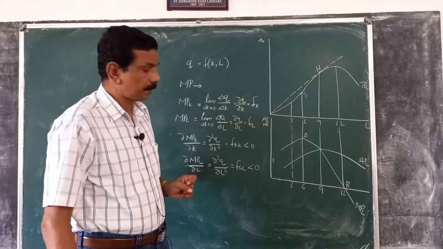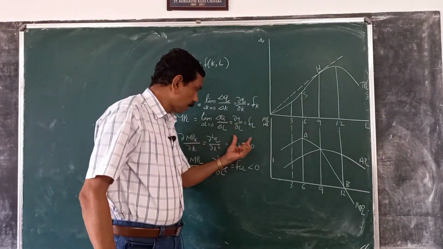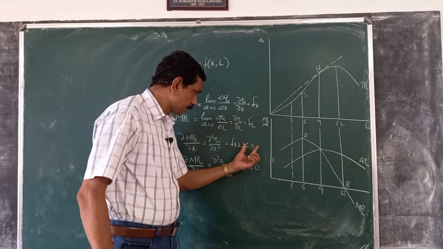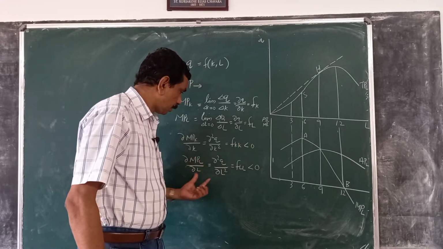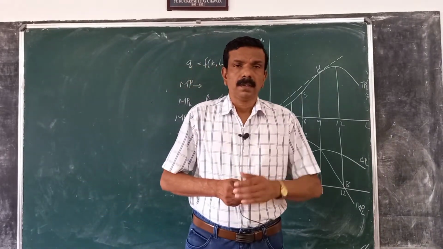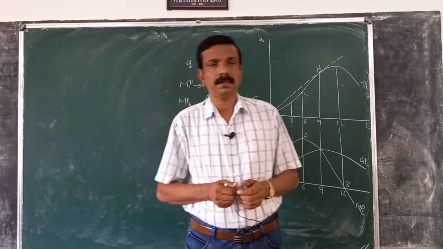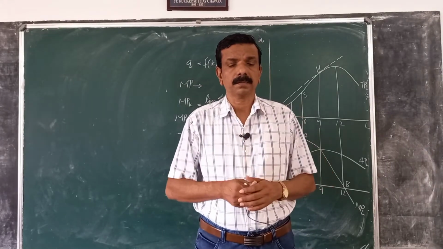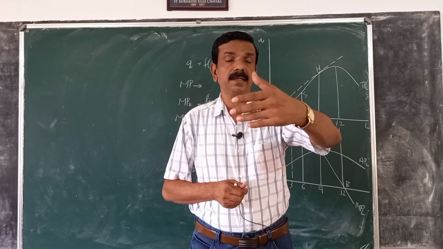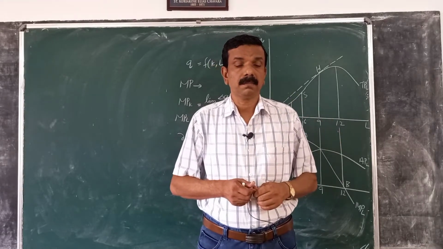So mathematically, diminishing marginal product of capital is denoted as FKK less than 0, and of labor as FLL less than 0.